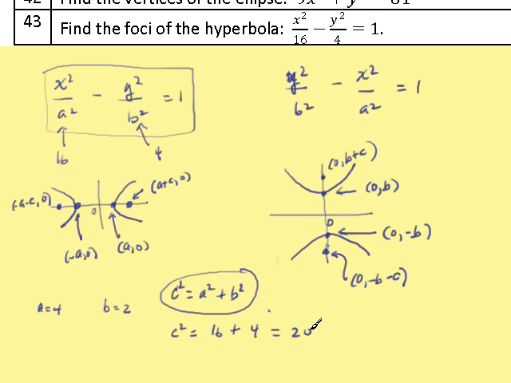That's equal to 20. And c is square root 20. And so our foci are located at a plus c, a is 4 plus square root of 20, and minus 4 minus square root of 20.